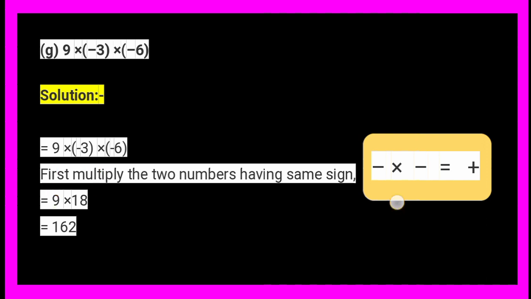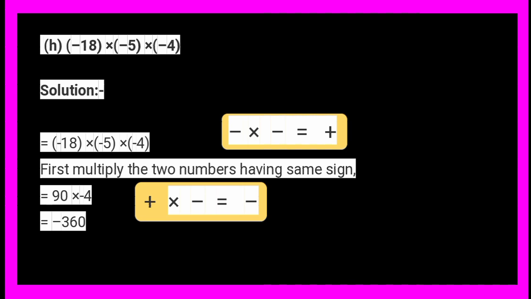Next is minus 18 multiplied by minus 5 multiplied by minus 4. Here we have three integers negative. So first of all we do multiplication of first two integers, and here both are negative, so we will get answer positive of this multiplication. So 18 5s are 90.